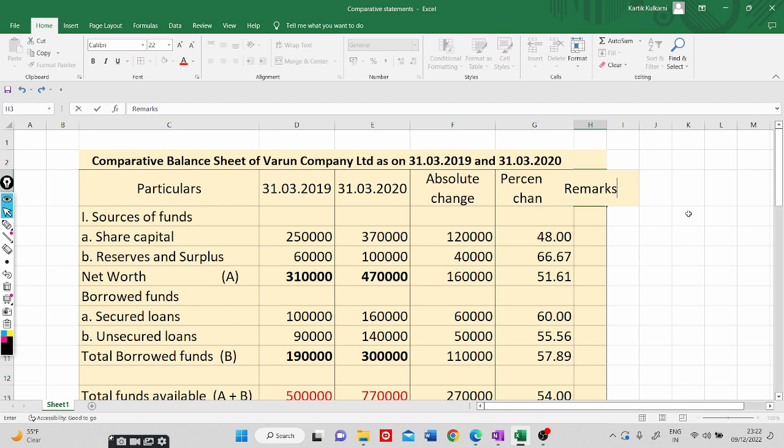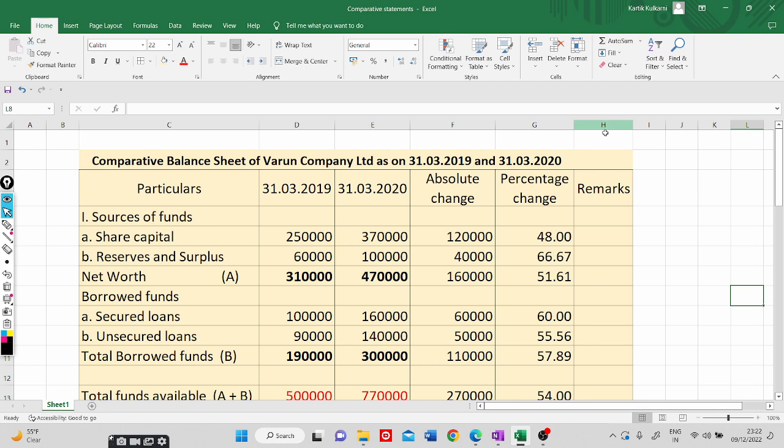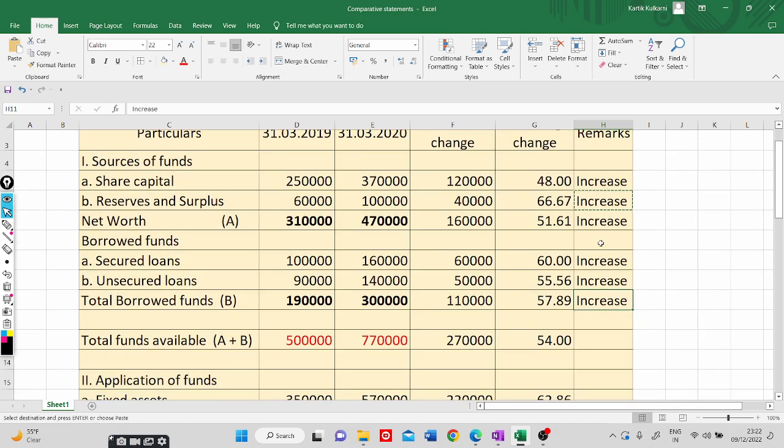Can write remarks. So it is increase, 66.67% increase, 51.61% increase, 60% increase, 55.56% increase, 57.89% increase.